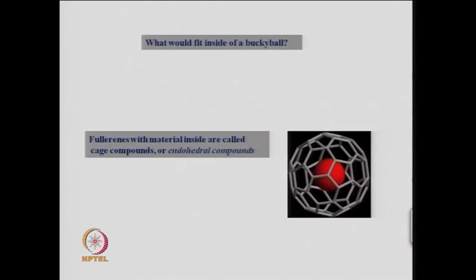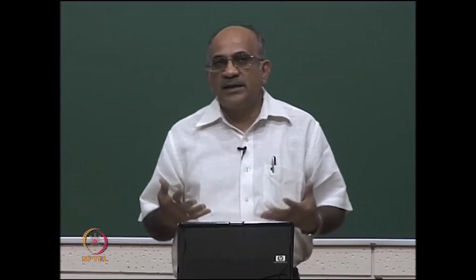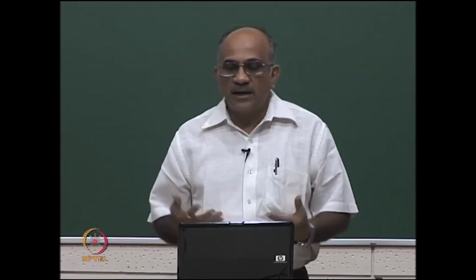Then you can use other techniques like electron beam evaporation, where you can produce the higher fullerenes to a larger amount, or you can take some aromatic compounds and then heat them and you can get a soot.